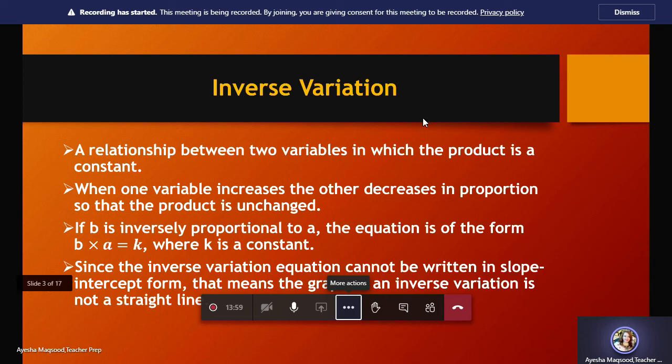Okay. Now, these are a few real life examples that we can see. How can we relate this inverse variation with our real life? The first example is slices per person times the number of people equals the total slices. In short, to understand the concept of inverse variation, let's suppose two people are sharing one pizza.